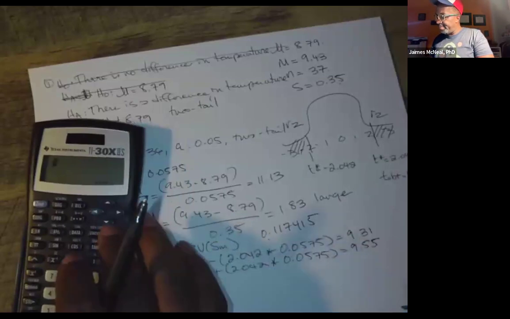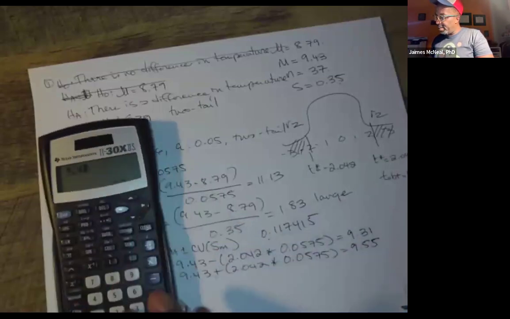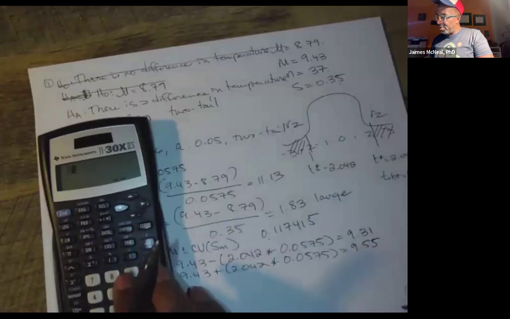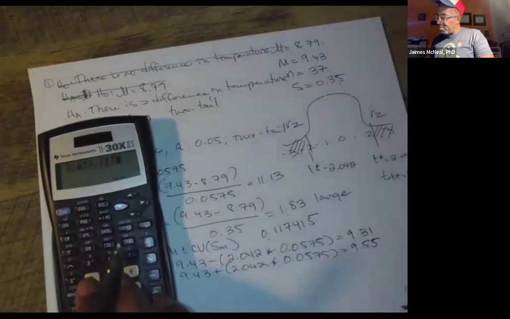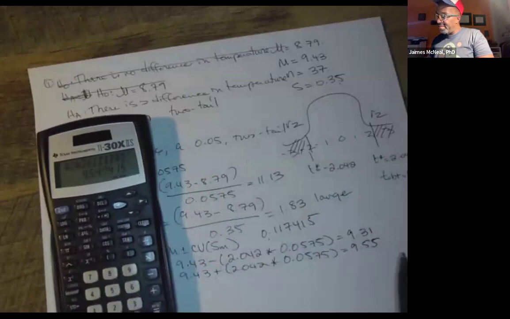So if we just did 9.43 minus 0.117415, you see we get 9.31. And if we do 9.43 plus 0.117415, we get 9.55, right?